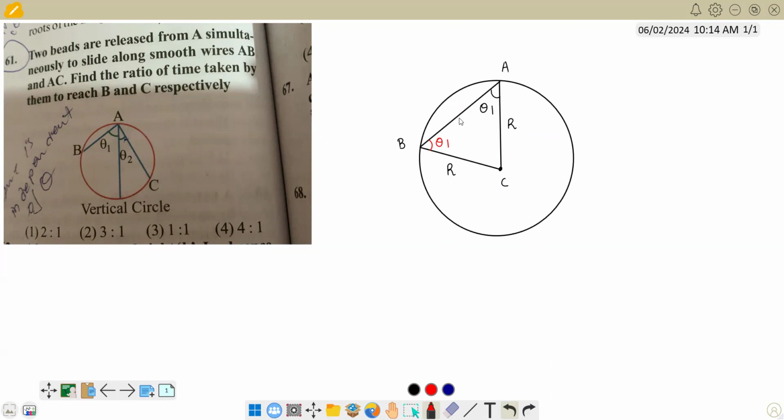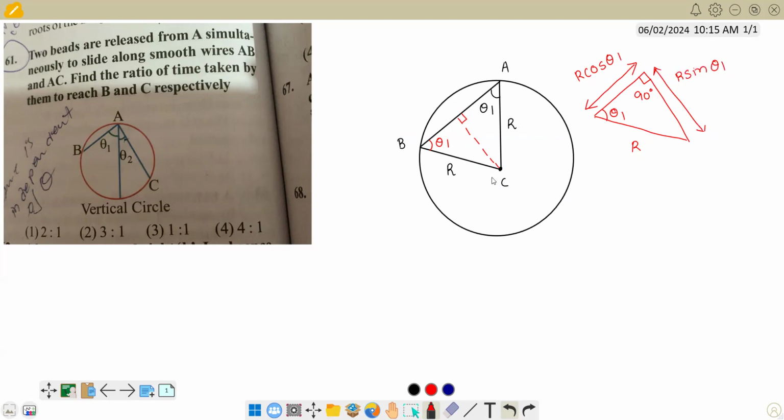And not only that, we can find the length of this AB also. How do we find the length of AB? Let me just take a perpendicular here. If this is R, this is 90 degrees, and this is theta 1, we can resolve this R into two components. This one would become R cos theta 1, and this one would become R sin theta 1.